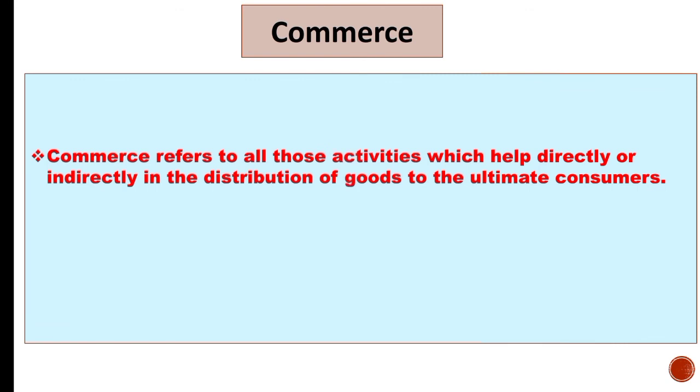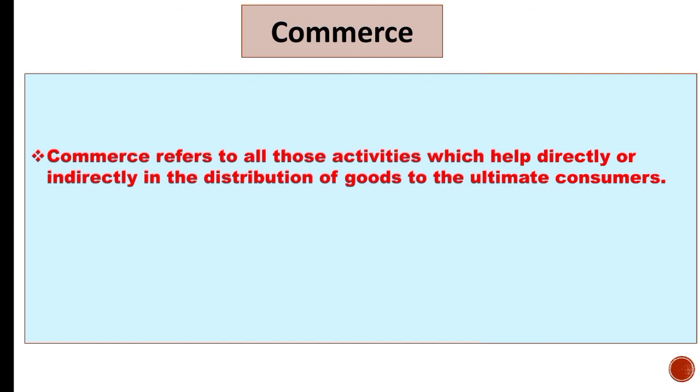Now here is the second main category of business activity, which is commerce. What does the term commerce mean? Commerce refers to all those activities which help directly or indirectly in the distribution of goods to the ultimate consumer. There will be no use of producing goods unless these goods reach the ultimate consumer.